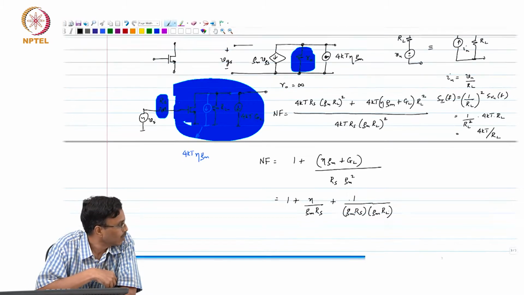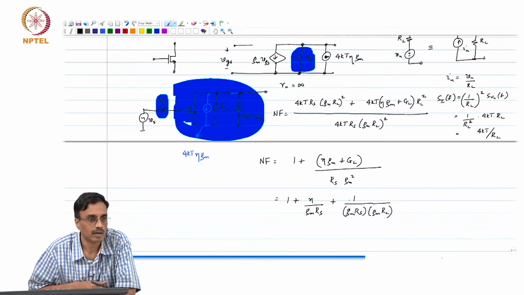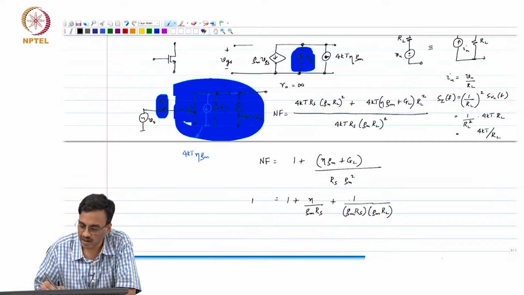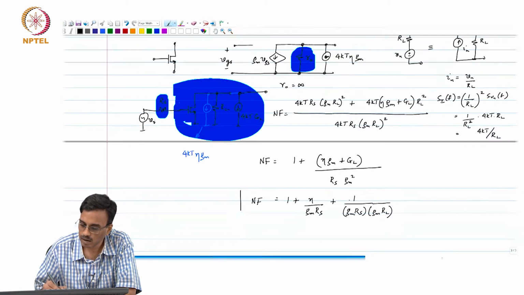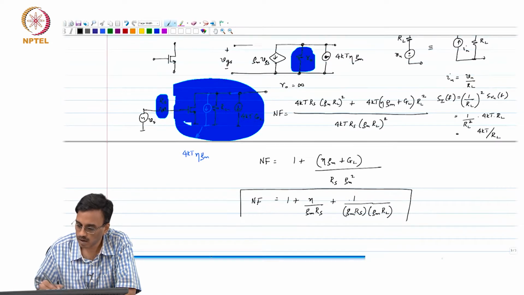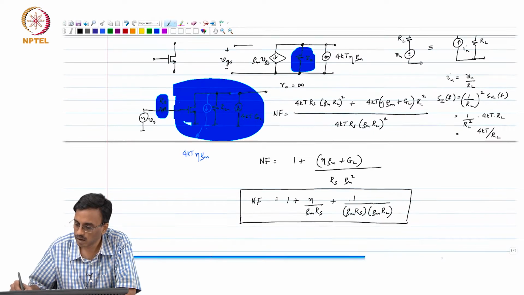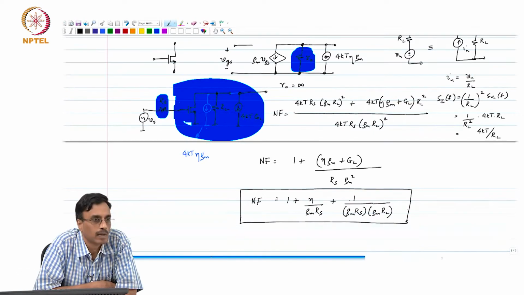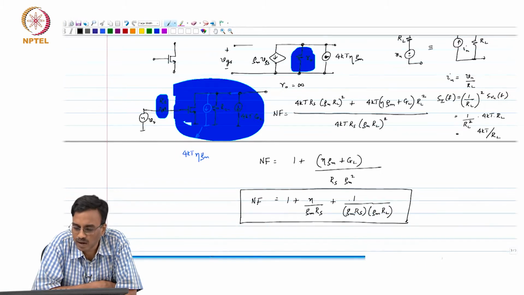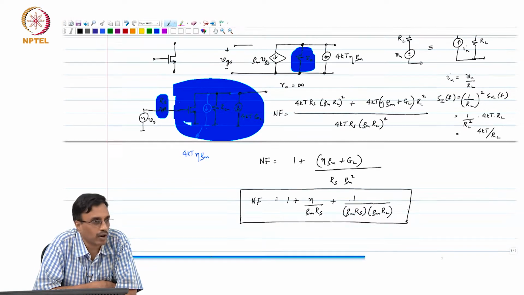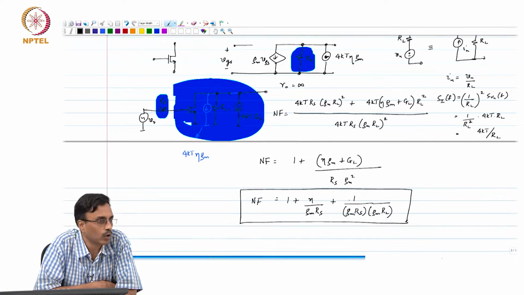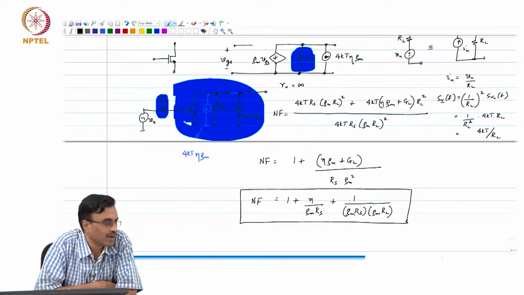All right. Now, why does this make intuitive sense? Or is there a sanity check? Well, if RL was noiseless, the noise factor would be 1 plus η over GM RS.